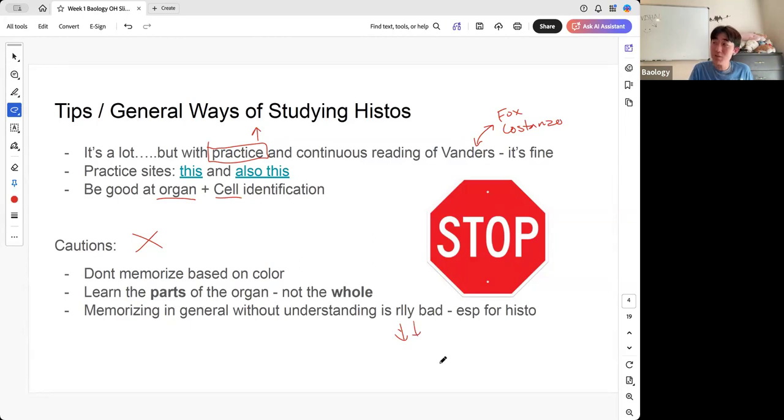And this kind of ties back to what I was saying earlier, where it's important to understand why the form of a certain cell or a certain organ is the way it is, in the ultimate scheme of things, why evolution has made that organ or that cell type like that.